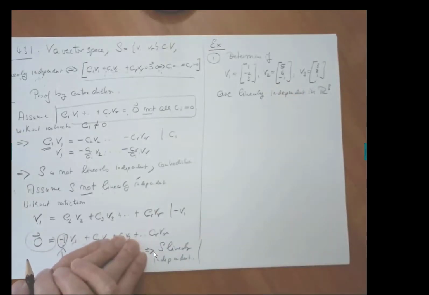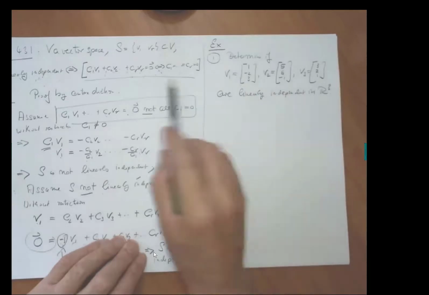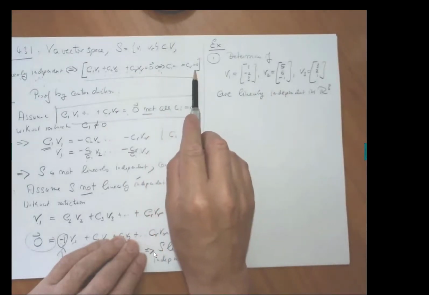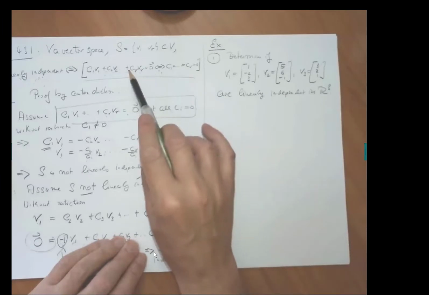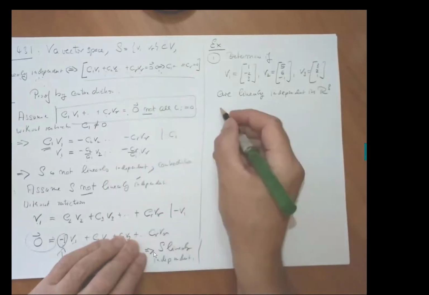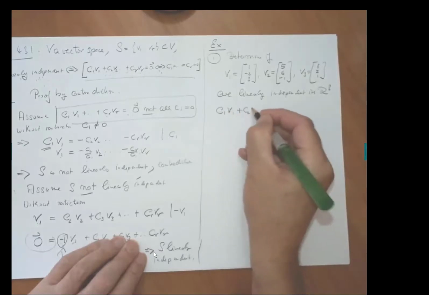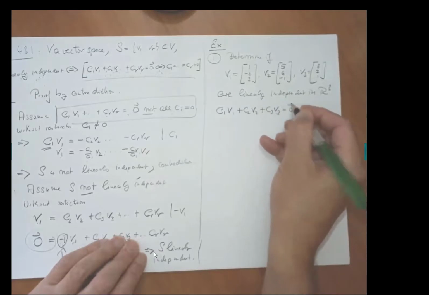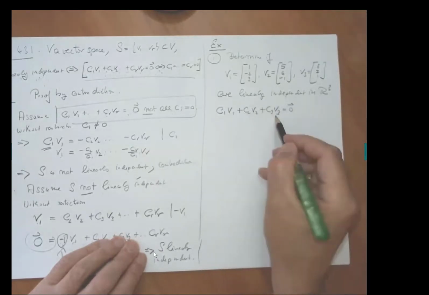Okay, so the question is, can we now find coefficients, not all equal to 0, which make this combination equal to 0? So we need to find what coefficients make C1 V1 plus C2 V2 plus C3 V3 equal to 0. What are the possibilities for C1, C2, and C3?